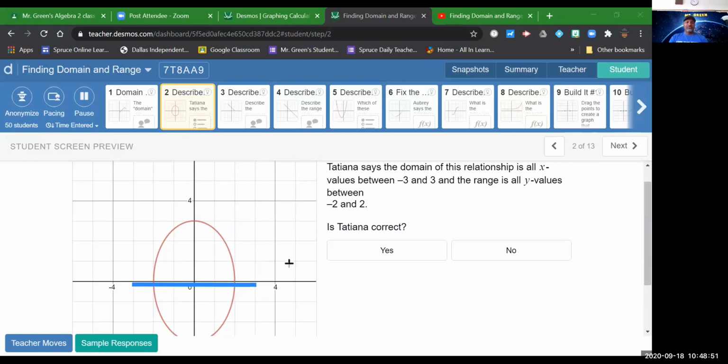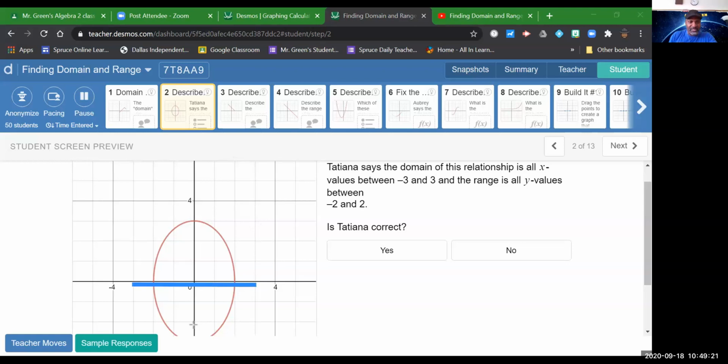Well, we have a problem right there. She says the domain is all x values between -3 and 3. Clearly, if that were true, this circle would have to extend all the way to the end of this line, which it doesn't. So she is not correct. As a matter of fact, she got them switched.